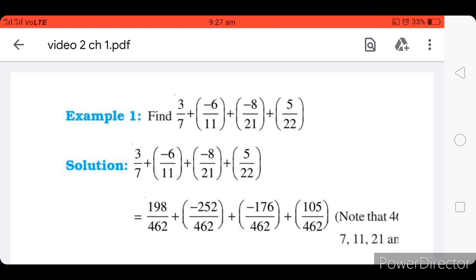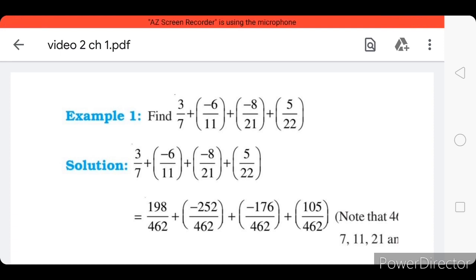So first is find 3 upon 7 plus minus 6 upon 11 plus minus 8 upon 21 plus 5 upon 22. So this is very simple, as we have done in earlier classes also. First we have to take the LCM of the denominators, that is 462.